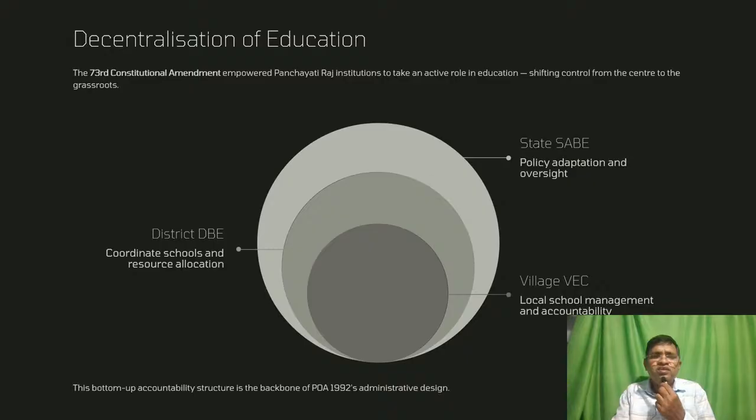Decentralization of education: with the 73rd Constitutional Amendment, according to the Panchayati Raj institutions, there is an active role in education, shifting control from centralized education to decentralization to the grassroots level. At the state level there is the SABE for policy adoption and oversight, at the district level the DBE for coordination of schools and resource allocation, and in the village the VEC for local school management and accountability.